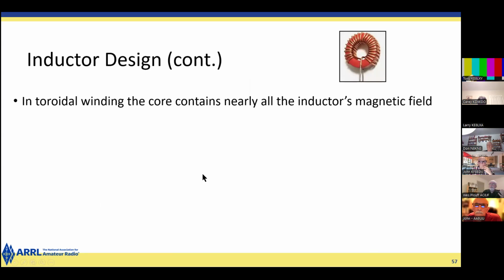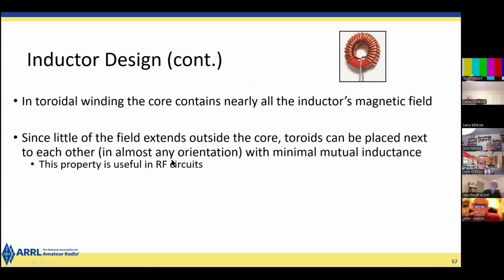So if you wind the coil so it fits on a circular form, on a toroid, then the magnetic field that's centered inside the coil will, most of it, stay inside the core, and very little of it will get out to the outside world. So if you put another coil next to this one, very little magnetic energy will be transferred to the second coil.